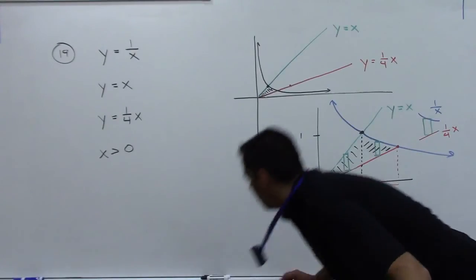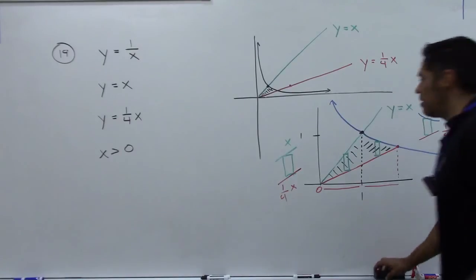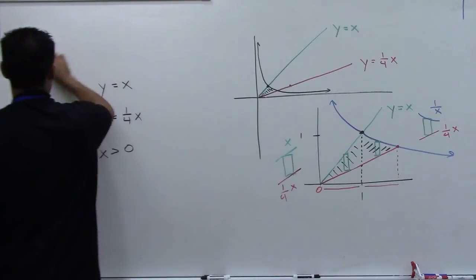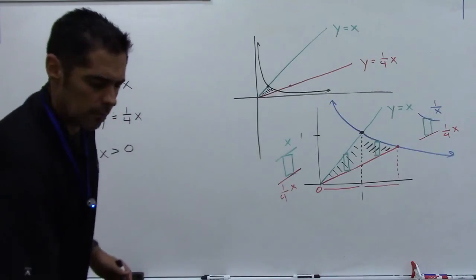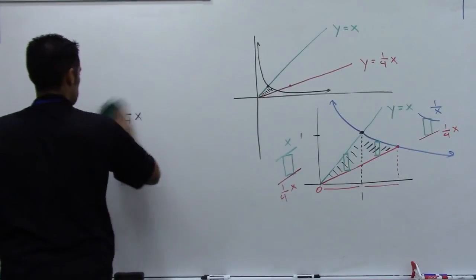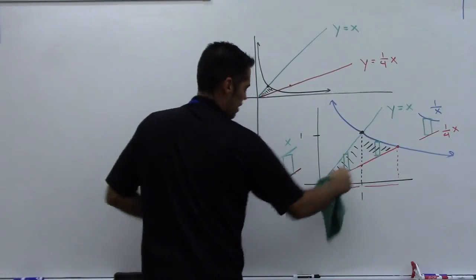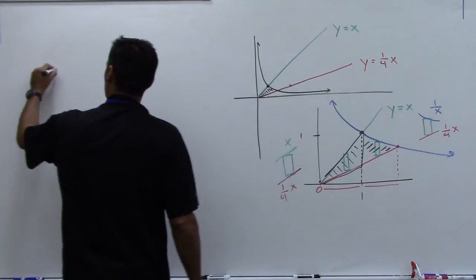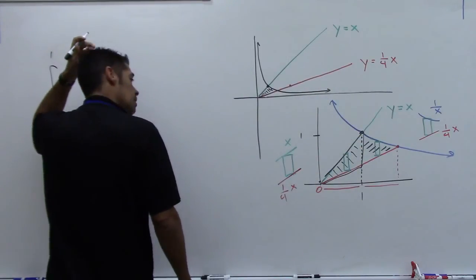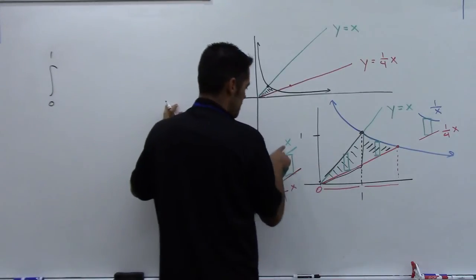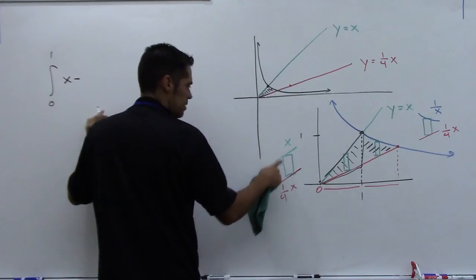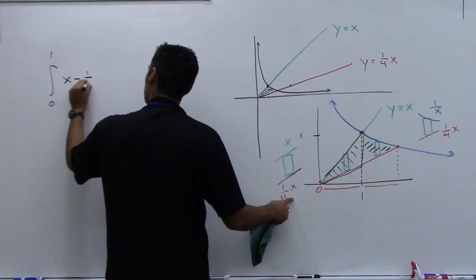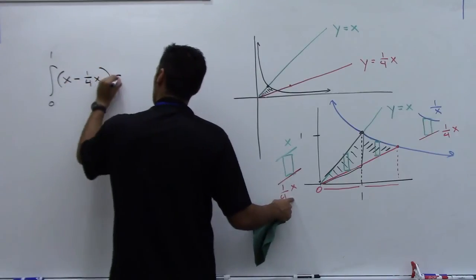So let's now try and set some stuff up here. Let's do this first integral. Okay, so I'm focusing my attention on that area. It's going to be the integral from 0 to 1 of the top function, which was x, minus the bottom function, which was 1/4 x, dx.